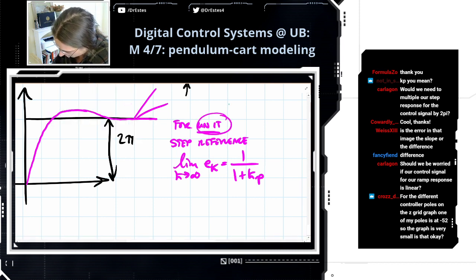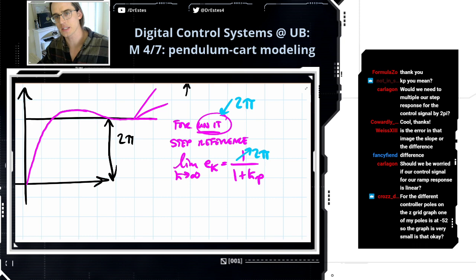If it's 2 pi, then this is actually 2 pi. I'm pretty sure. But Kp for you guys is going to be such a huge number anyways that this 2 pi really won't make a difference. You're going to get a humongous number, like 10 to the 14th, or I don't even know.